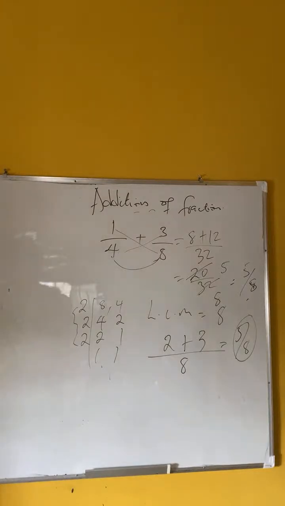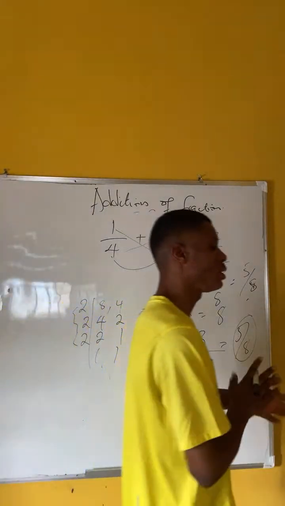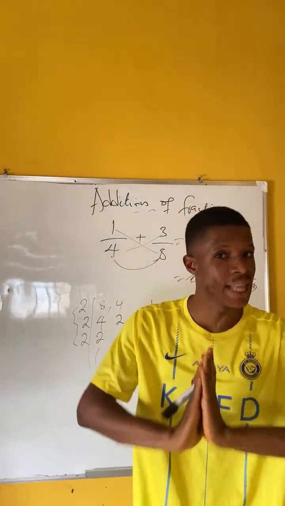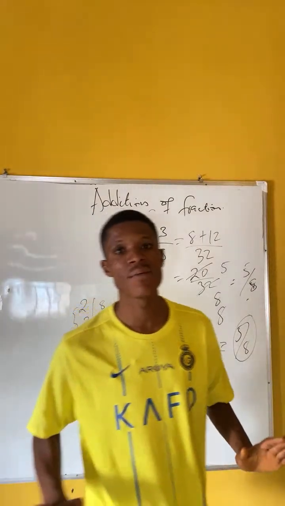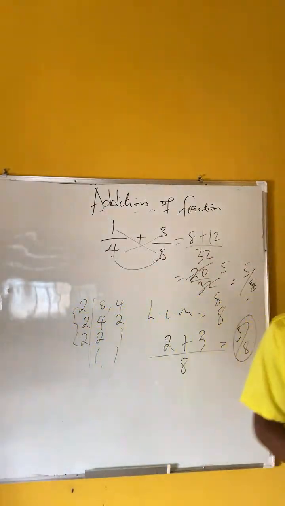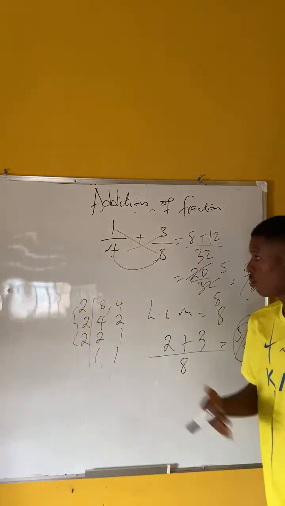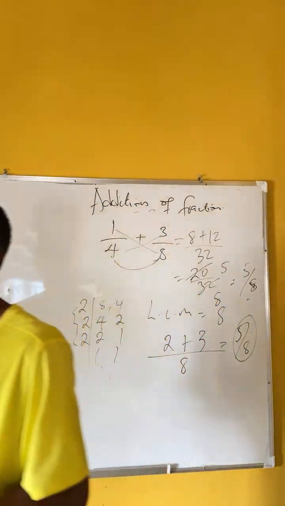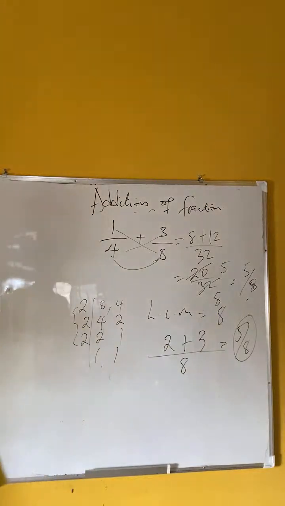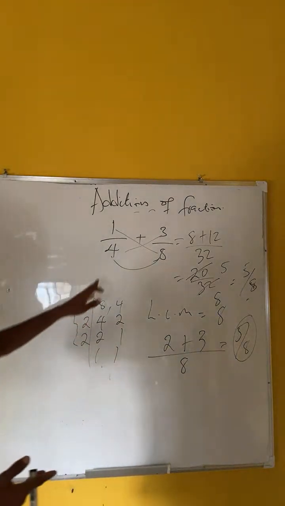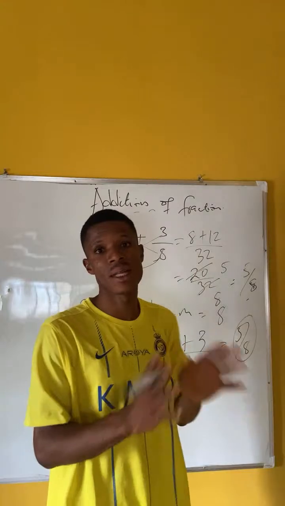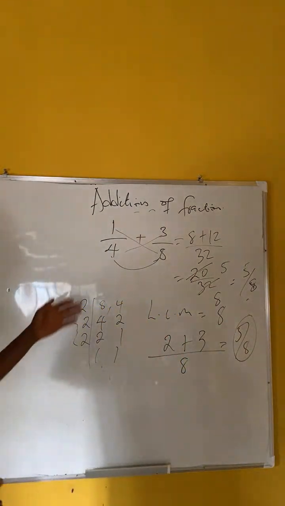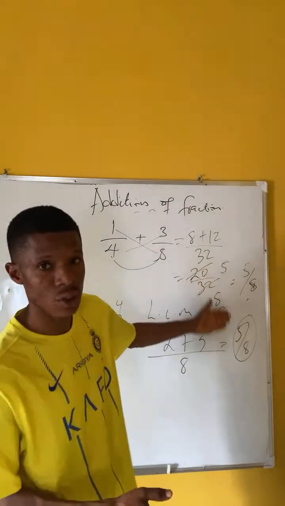All you have to do is find the LCM of the denominators, or you multiply diagonally. In doing the same thing, you still get your answer. But the little limitation in multiplying diagonally is that once the denominators have common factors, you have to reduce it as we have just done here.